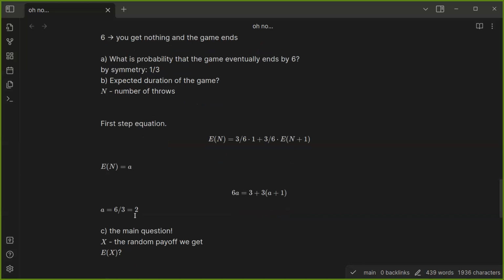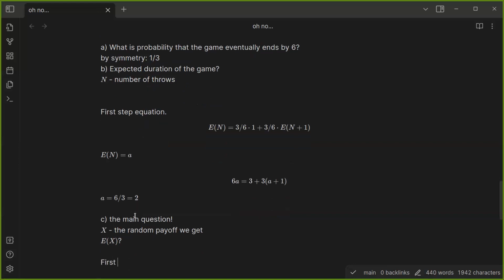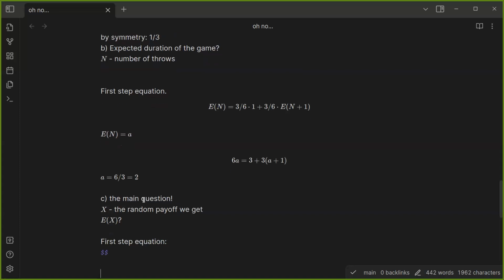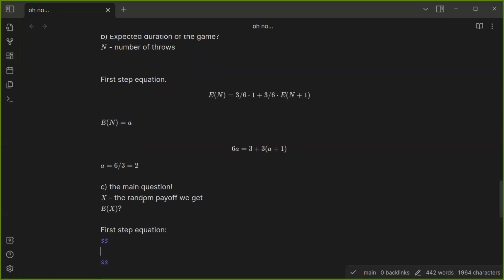So n is the number of throws, the random variable, and x is the random payoff. And once again, we will use the first step analysis. We will write the first step equation, and we will solve it. It will be linear once again. Okay, let's check what may happen after the first step.